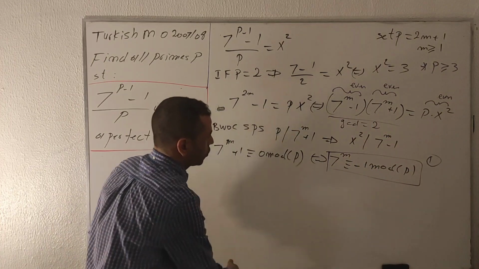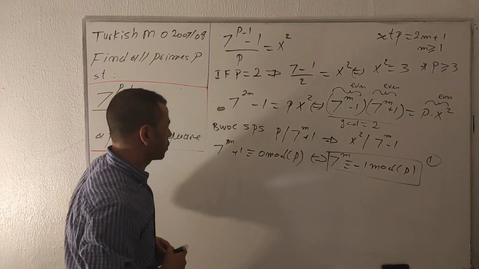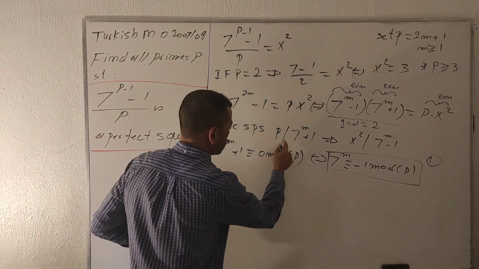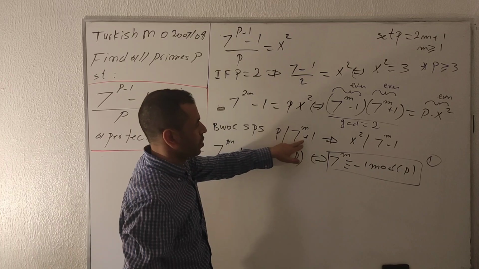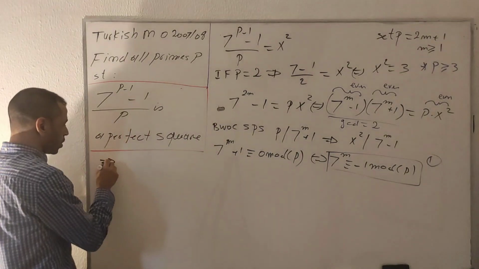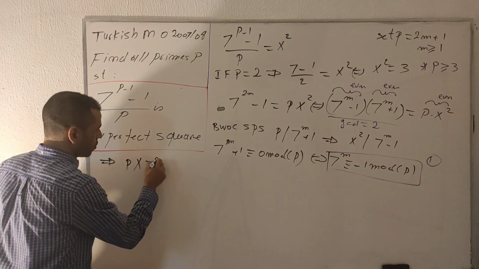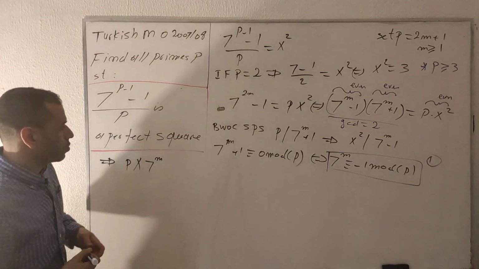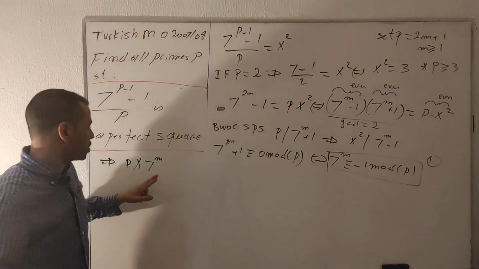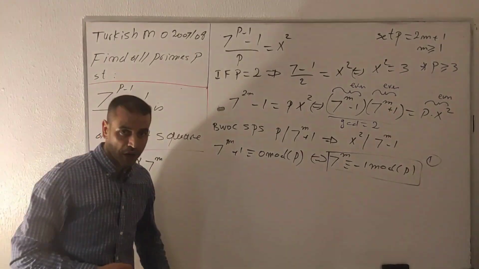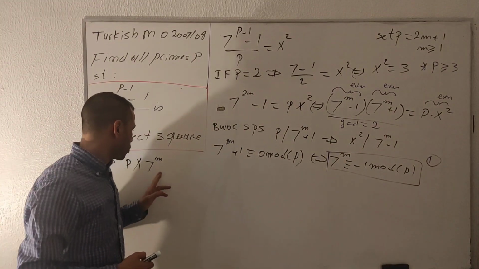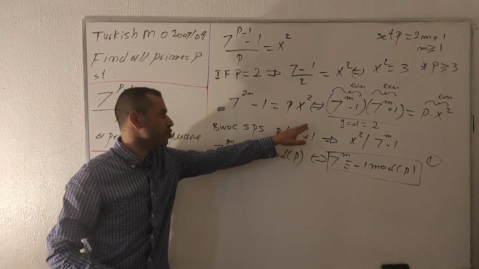Let's look at the other one. Since p divides 7^m plus 1, this also implies p does not divide 7^m, because 7^m plus 1 and 7^m are coprime.